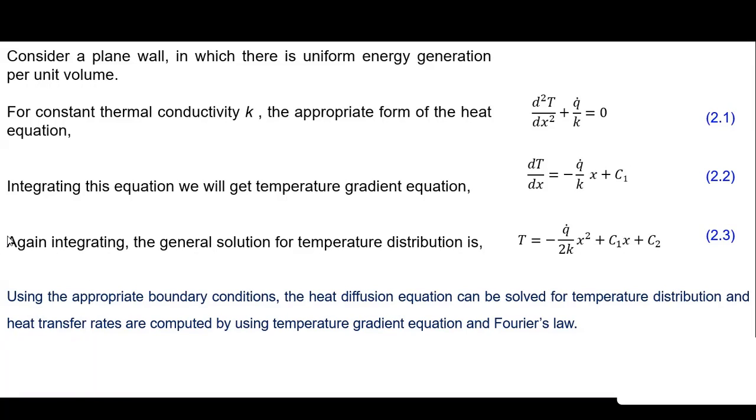With all these boundary conditions, we can solve this problem, and we can calculate the rate of heat transfer and the temperature distribution using the temperature gradient and Fourier's law. This was already done for the previous problem. We can equally apply these boundary conditions in this case also.